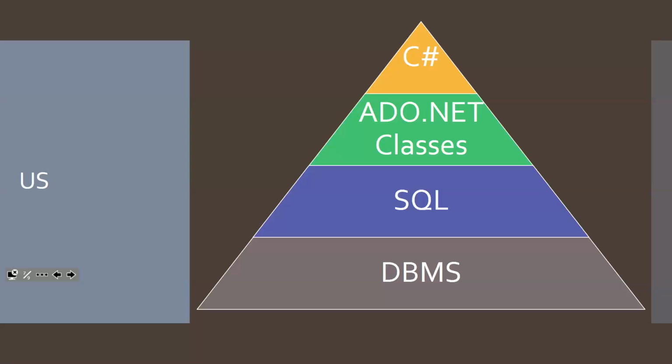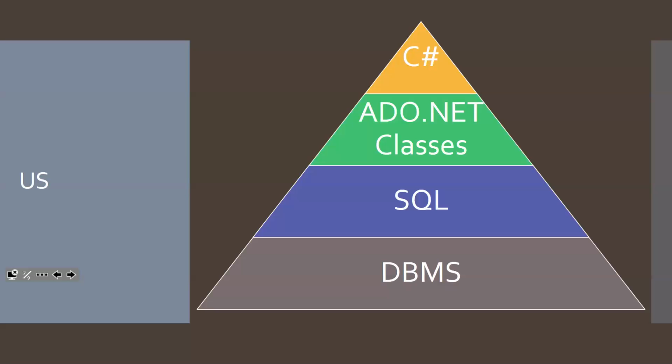Now, our programs are going to have to use this SQL code to be able to communicate with the database management system. So C# has some classes already pre-built for us to try to make that easier. The ADO.NET classes. So that's what we're going to be using to access our database management system.